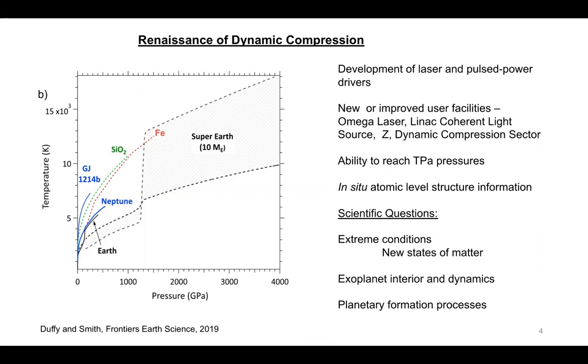The figure on the left is a very schematic illustration showing the range of pressures and temperatures that may be of interest in understanding exoplanets. So we're talking about a few terapascals and many thousands of Kelvin. That's a challenge, to be able to access those sorts of conditions and make measurements under those conditions.